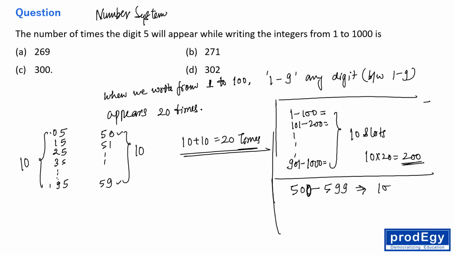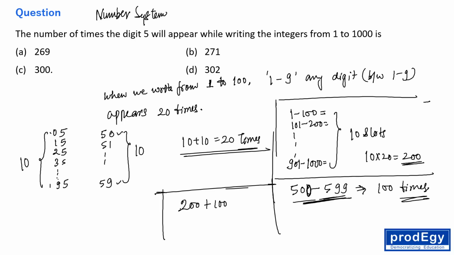They are 100 more times, right? They are actually 100 numbers, 500 to 599, so 5 is occurring 100 times here also. So total 5 is occurring 200 plus 100, which is 300 times.